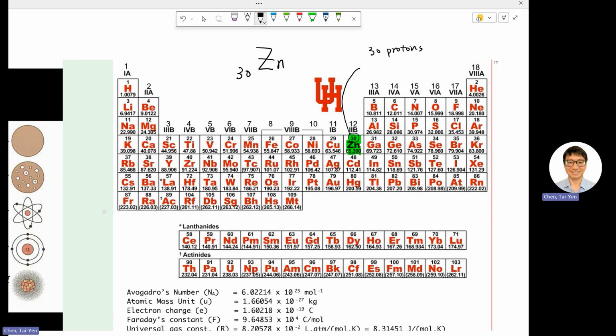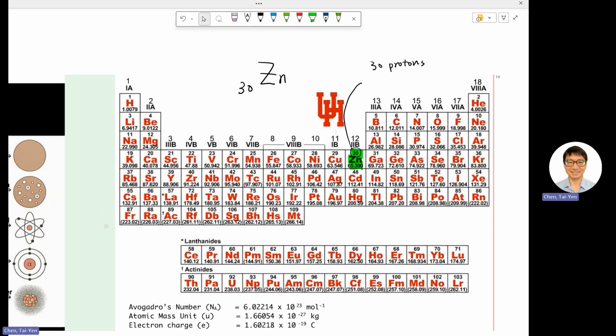So the bottom left, the 30, is the atomic number. That's also the number of protons. The number on the top left will be the atomic mass, which is determined by the sum of protons and neutrons.